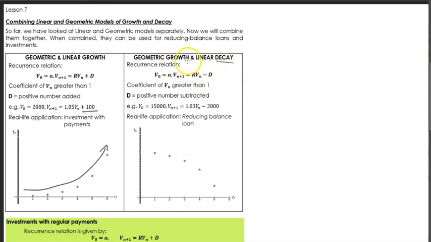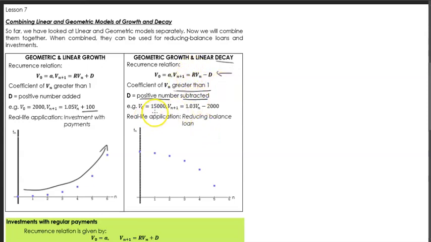When you're combining geometric growth with the linear component to it, your common ratio again will be greater than 1. Just this thing that's tagging along is a positive number. D is a positive number, but it's subtracted. Again, it can be between 0 and 1 or greater than 1. As long as it's subtracted, we have a decay. And remember, the common ratio has to be greater than 1.